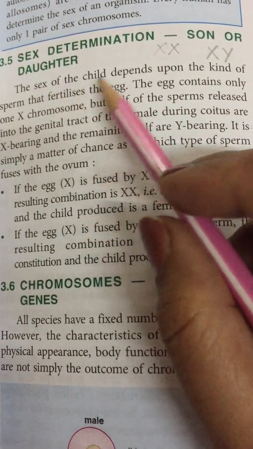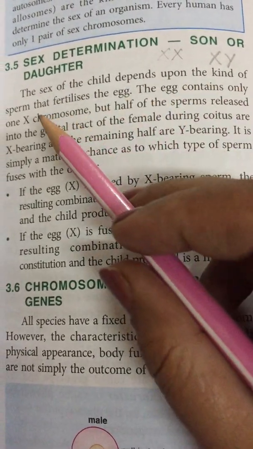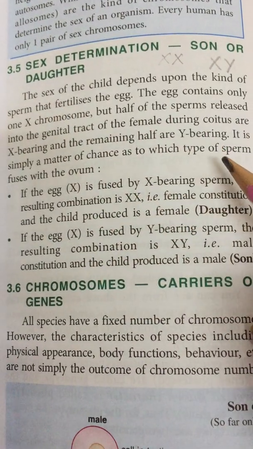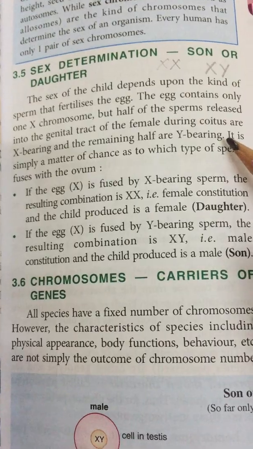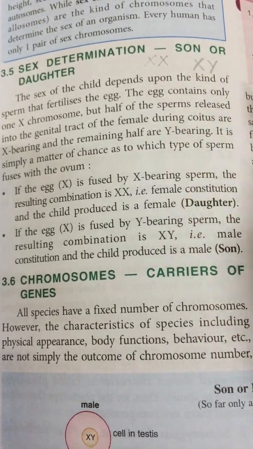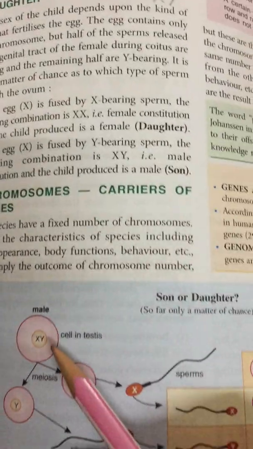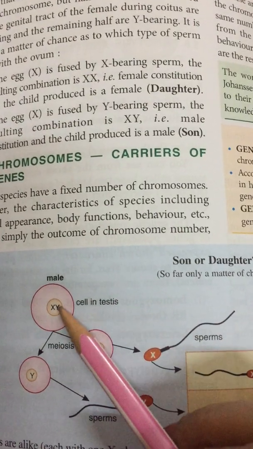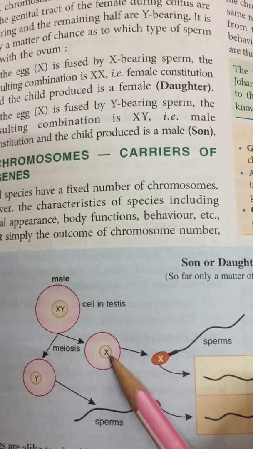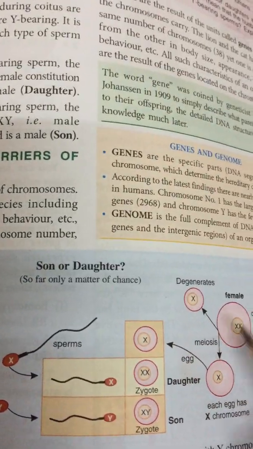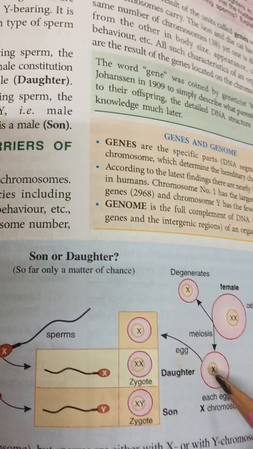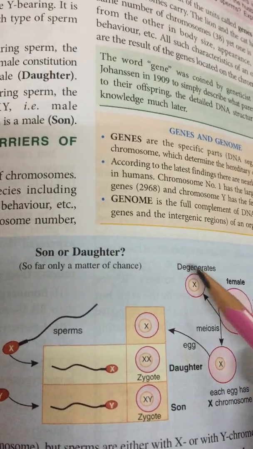So underline, the sex of the child depends upon the kind of sperm which fertilizes the egg, because sperms are of 2 kinds. They can be X type or Y type. So 2 kinds of male gametes are produced by the testes, either X type or Y type, whereas only 1 kind of gamete is produced by the female, the ova, X type.